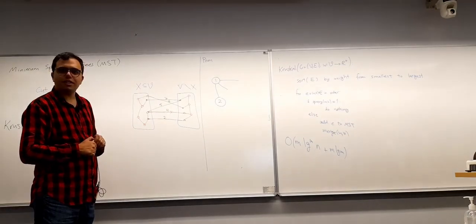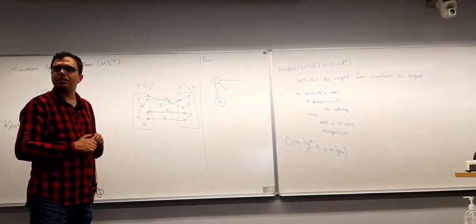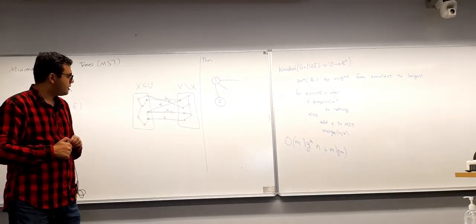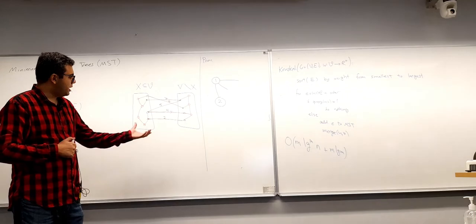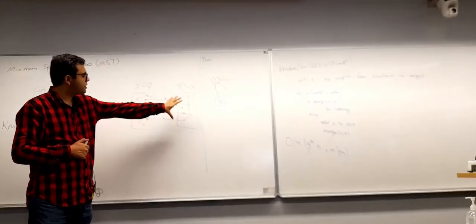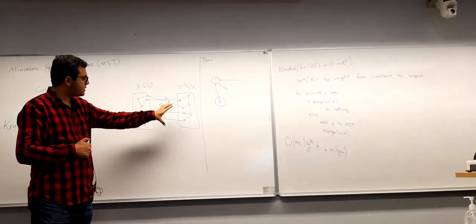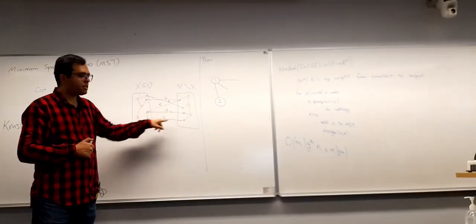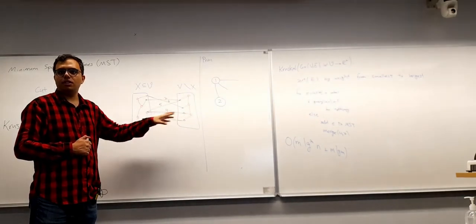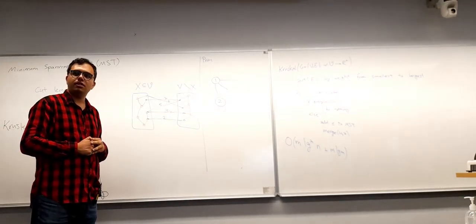Again, I don't understand. In the lemma, we don't have any partially built tree. No, so in the lemma, we're just saying that whenever we divide the set of vertices in two sets, we can take the smallest edge that goes across, and that's going to be in a minimum spanning tree. So we have some edge fixed.